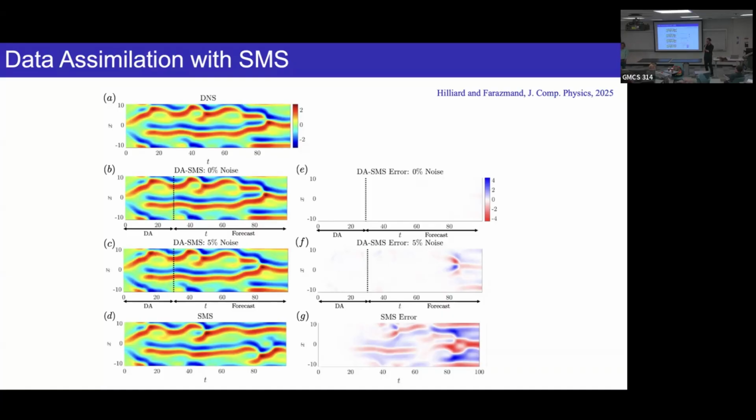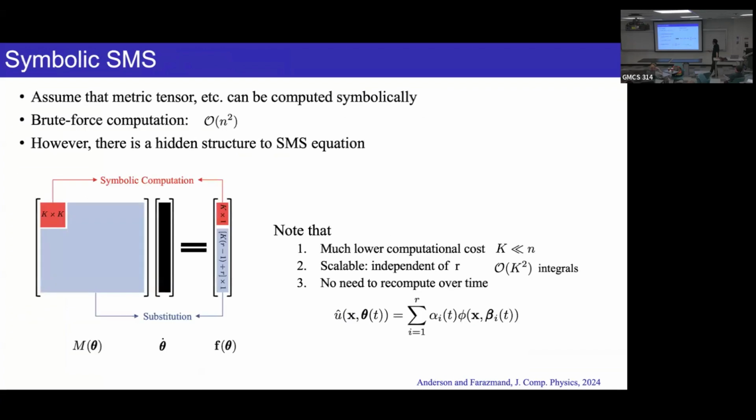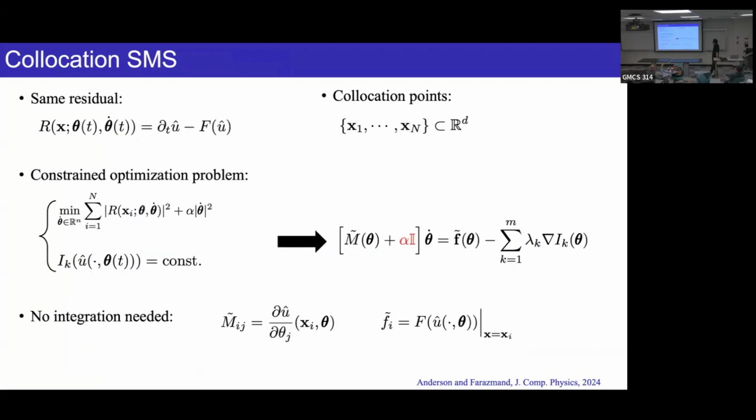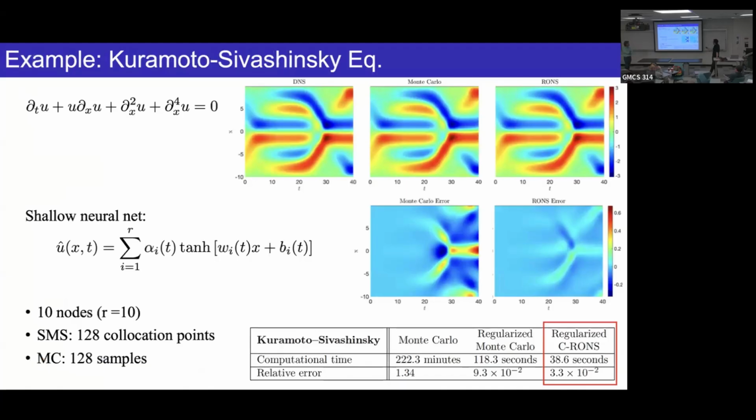Fortran rules. The collocation points, what are they? It's up to you for the PDE where you want to pick them. Let me go back to the example where we use collocation points. I used 128 collocation points. They're equi-spaced points in space, from -10 to 10.